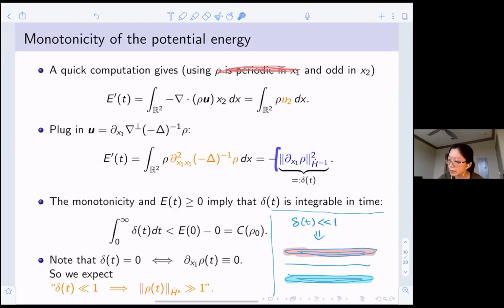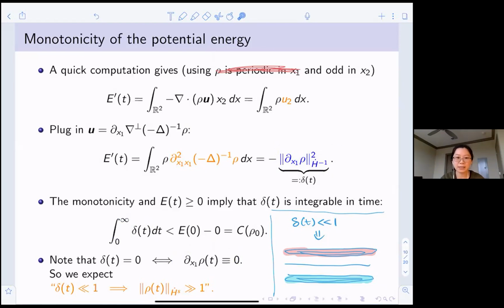So if we take a more careful look at this quantity delta, we notice that first, it's very easy to check that if delta is exactly 0, then this can only happen if rho is a perfect horizontal steady state, right?